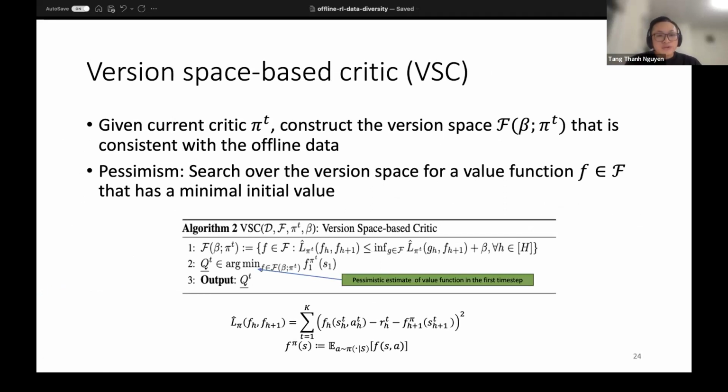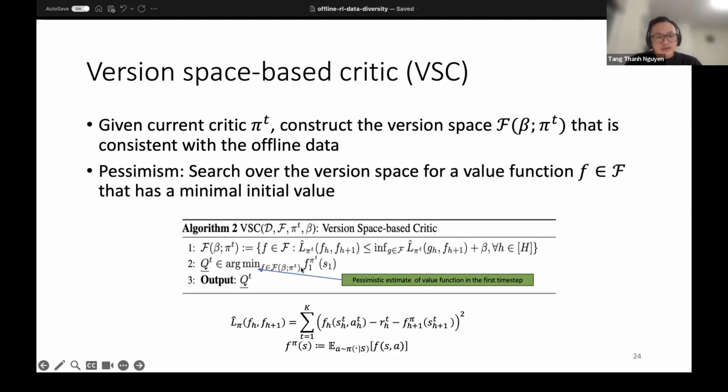For the version space critic, given the current actor pi t, we construct the version space F that's consistent with the offline data. The version space is nothing but the set of functions such that the minimax Bellman errors under the offline data are small. That is what it means to be consistent with the offline data.